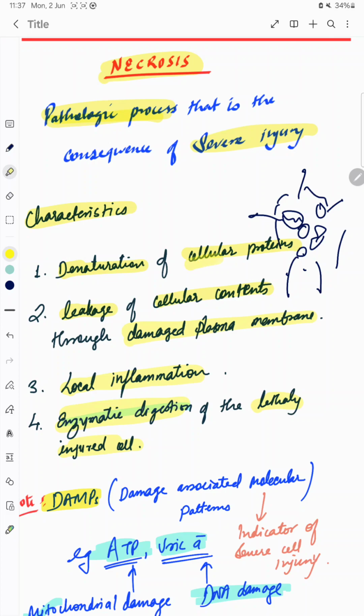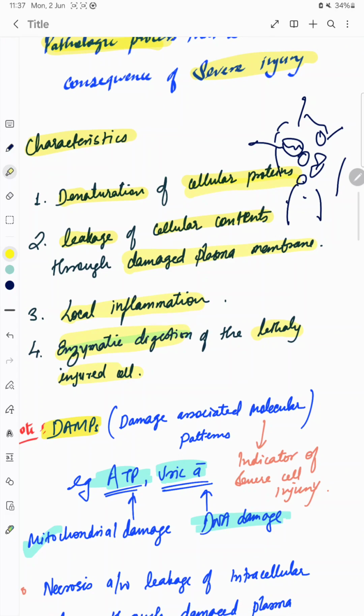First is cellular protein denaturation. Second is leakage of the cellular content through the damaged plasma membrane. Third is local inflammation, and then enzymatic digestion of the lethally injured cell. So these are the characteristics of necrosis.